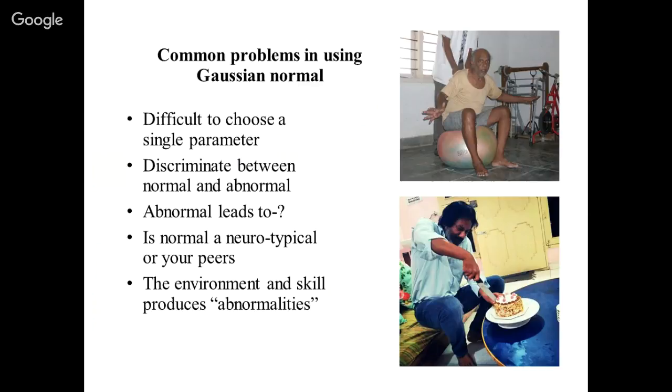So, what are the bigger problems in Gaussian? I will just summarize the problems in the Gaussian normal. Now, the first thing you want to remember is any parameter should be able to discriminate between normal and abnormal, right? The next thing you want to know is, if it is abnormal, what does it lead to?